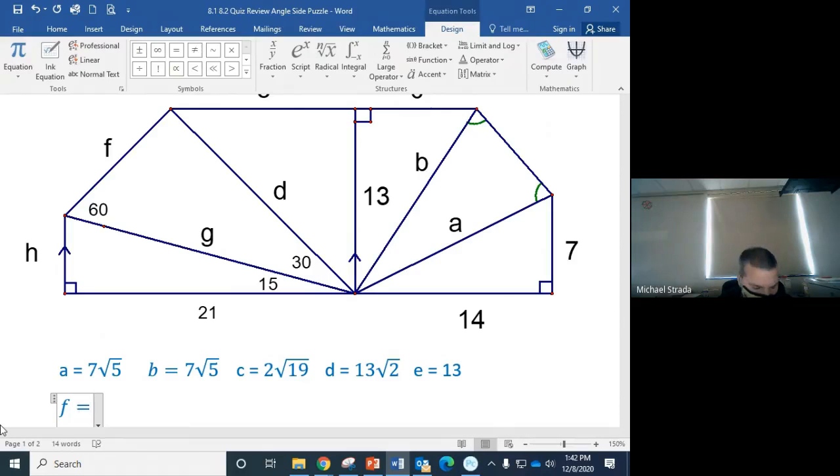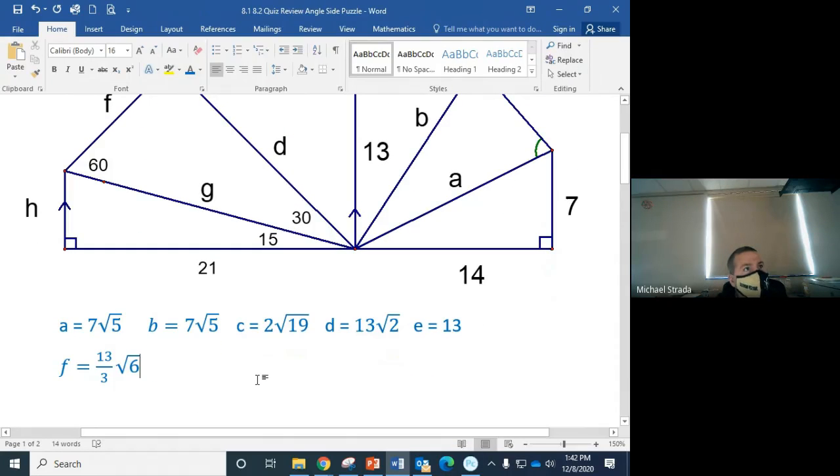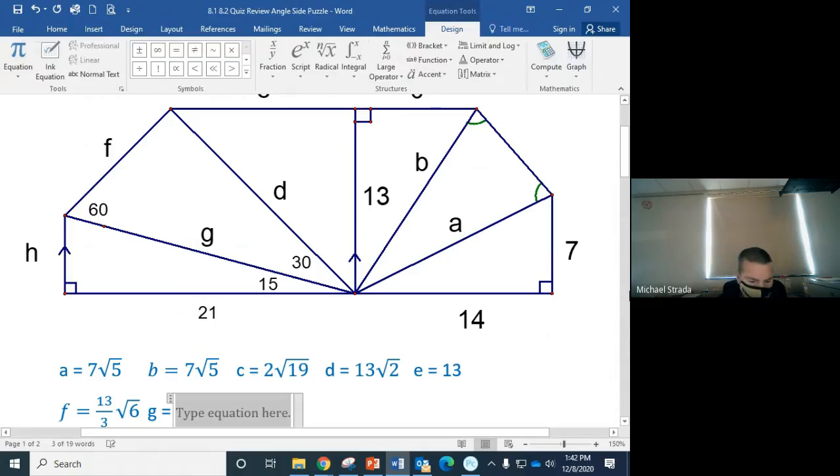F equals, E is 13, D is 13 root 2. F is 13 root 2 divided by root 3, 13 thirds root 6. And then G is 26 thirds root 6.